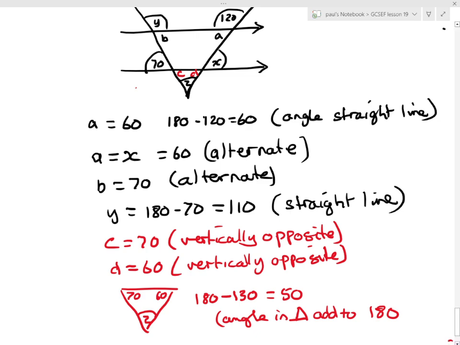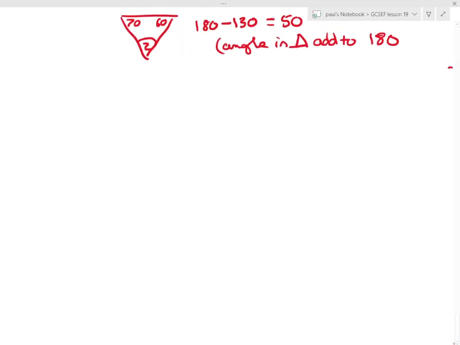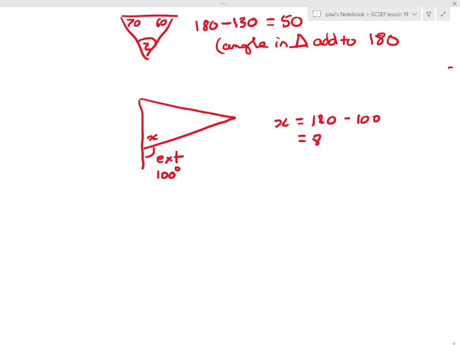Okay, now just one other that is always a bit difficult to spot and difficult to remember is this one, but we've done it with the polygons, haven't we? Right, here, this is an external angle. If I make this external angle 100 degrees, then this one, because it's angles on a straight line, I'll call that X. So X equals 180 minus 100, which equals 80.